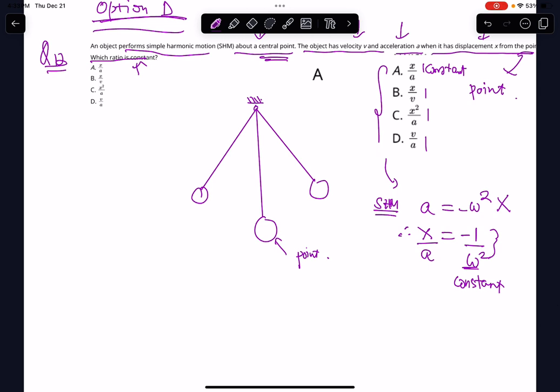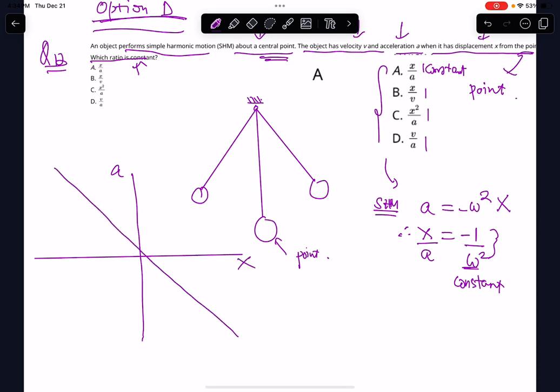And this actually helps us when we look at some physics questions. Sometimes you can be given a graph on a test or an examination, where you have a graph of acceleration and x. So this is your acceleration graph, and this is your displacement graph, and this is the inverse relationship. We know that the acceleration is negative omega squared x.